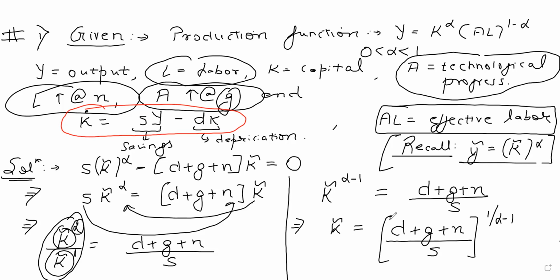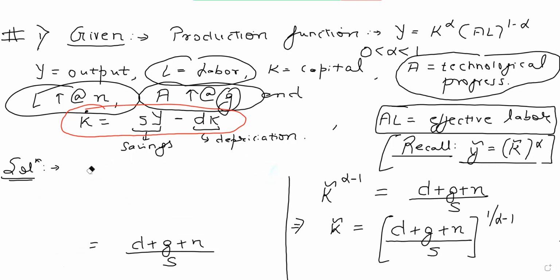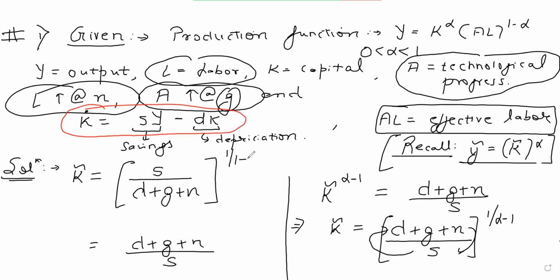Or I can have another answer. k tilde is going to be s over (d plus g plus n) whole to the power 1 over 1 minus alpha, if I switch the numerator and denominator.